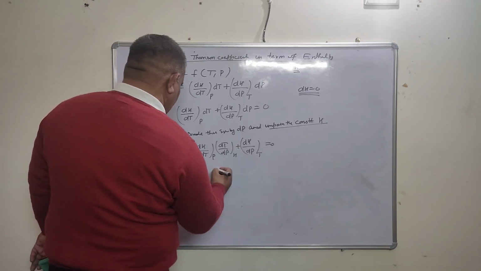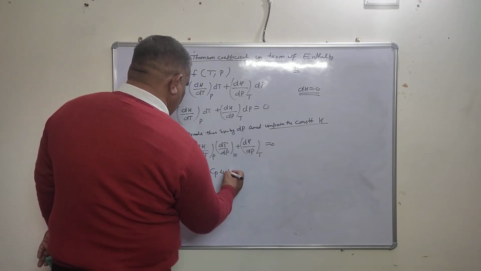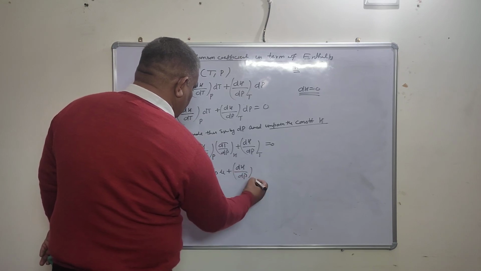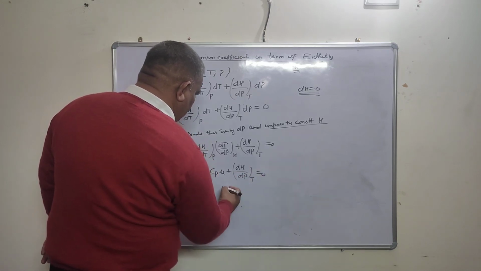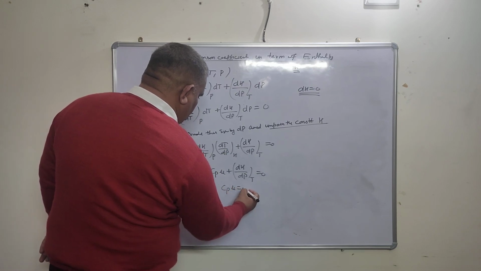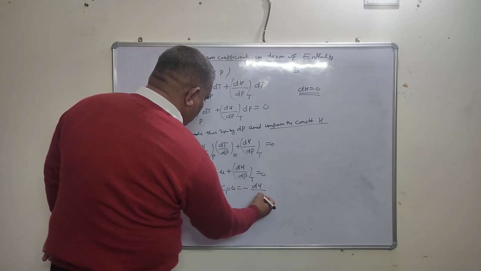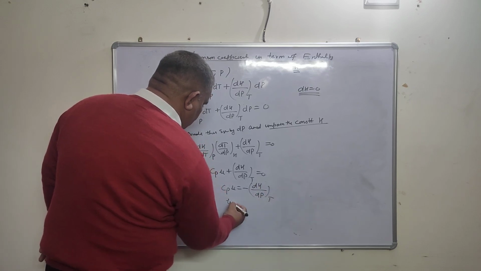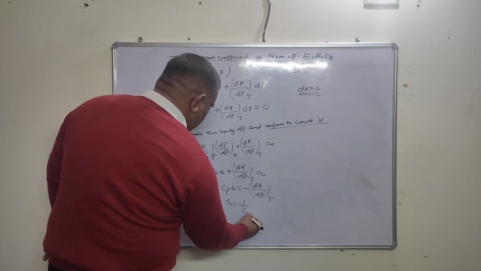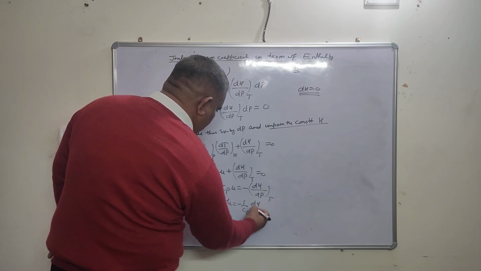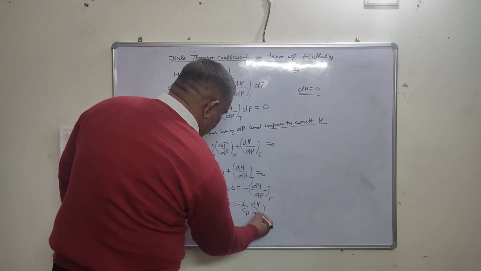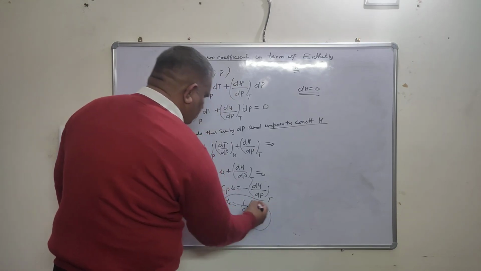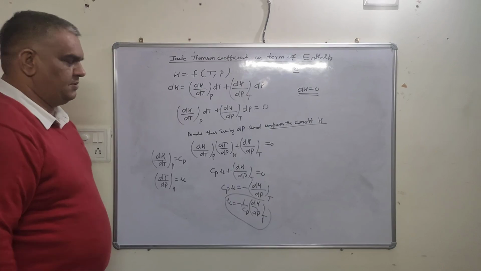So Cp times mu plus dH by dP at constant temperature equals 0. Moving this to the other side with a minus sign, Cp times mu equals minus dH by dP at constant temperature, so mu equals minus 1 by Cp times dH by dP at constant temperature. This is the relation for the Joule-Thomson coefficient in terms of enthalpy.